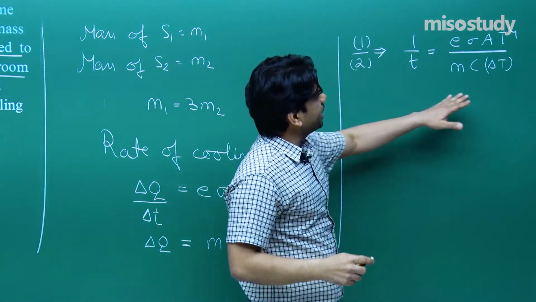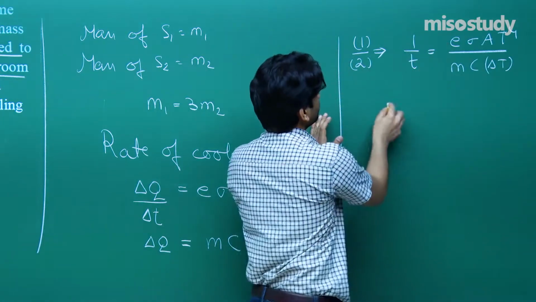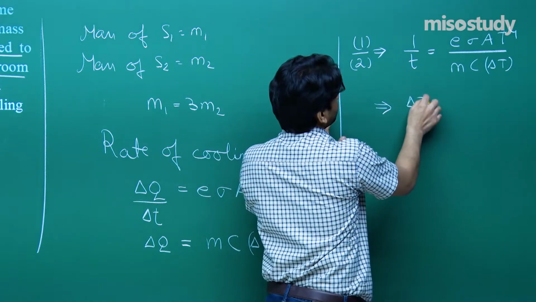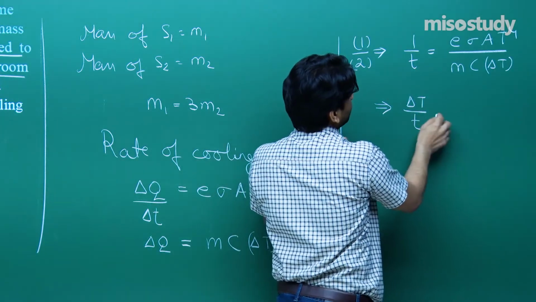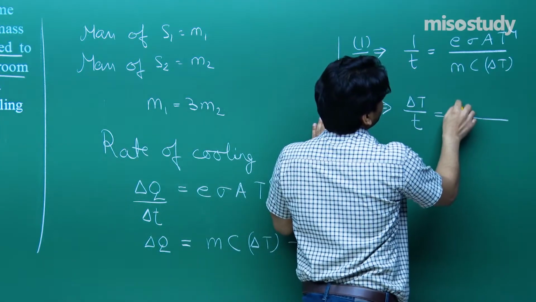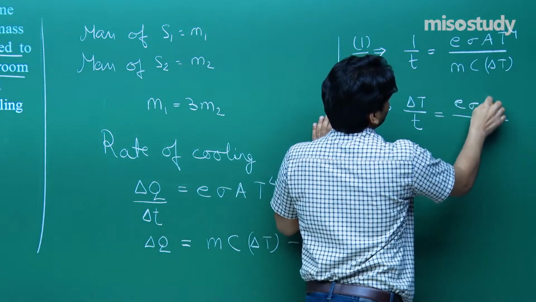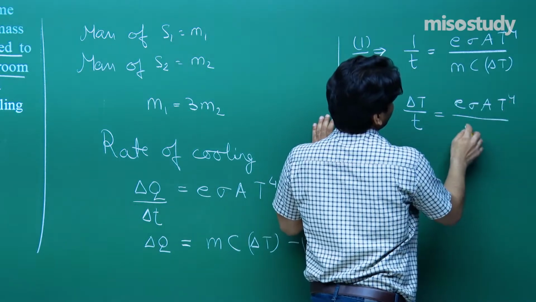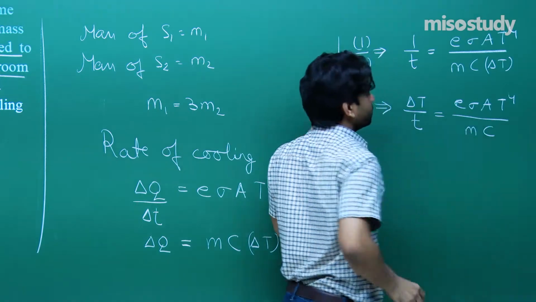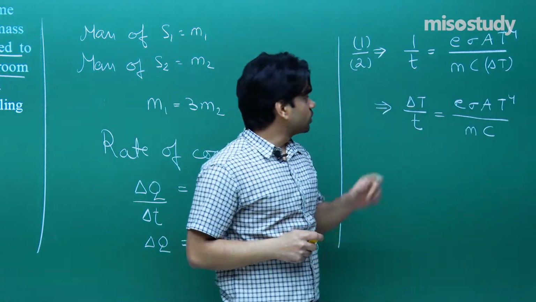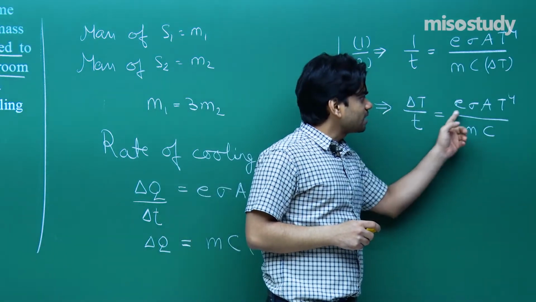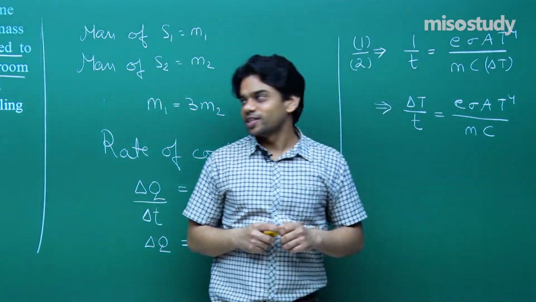Now clearly if I take this delta T here, so we are going to have delta T by T is equal to E sigma A T to the power 4 divided by M into C. First thing we obtain. So this will actually give you the rate of cooling.